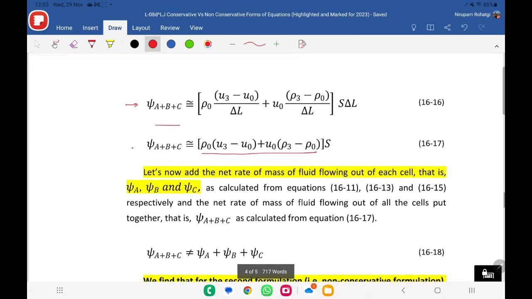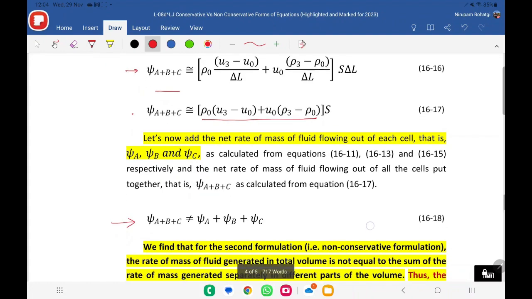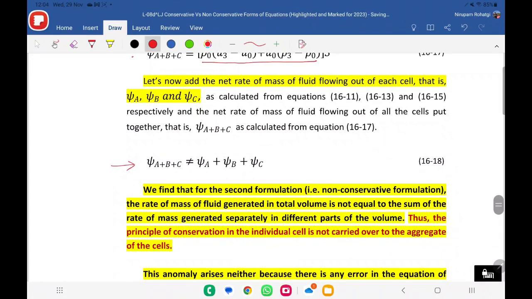So let us now add the net rate of mass of fluid over each cell, that is phi A, phi B and phi C, as calculated from this equation respectively, and the net rate from this, now you will get this. So what do we find?